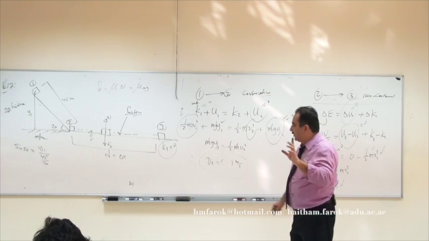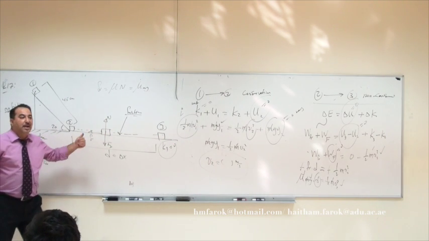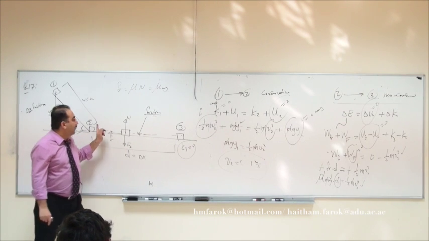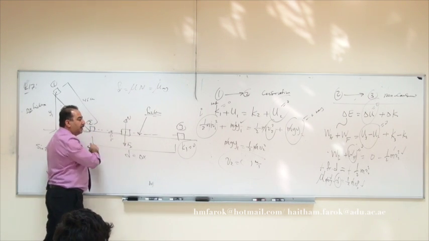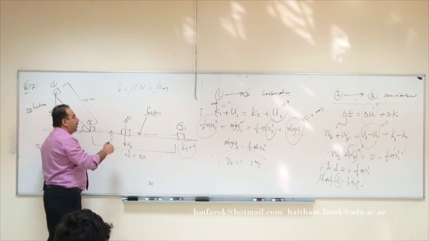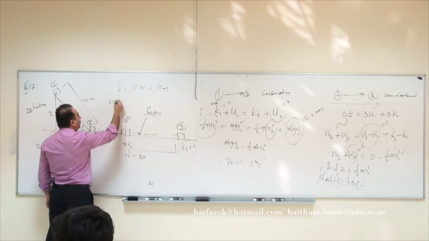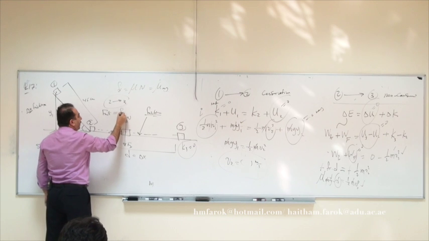Now for this question, just before I forget, from 2 to 3 you can solve it by the technique of Newton's law, F net. How much is F net here? Fr only. So from 2 to 3, F net is Fr, yeah?